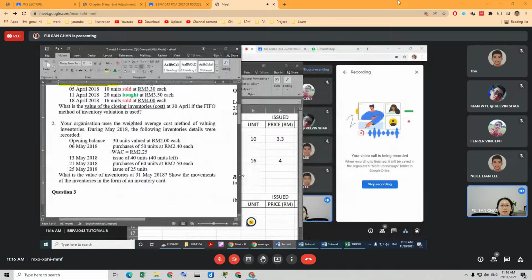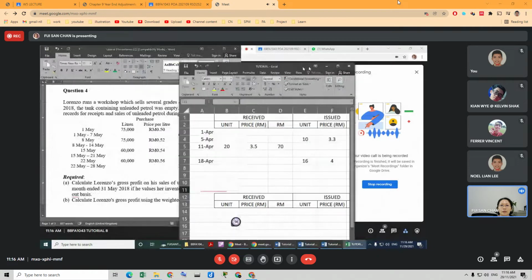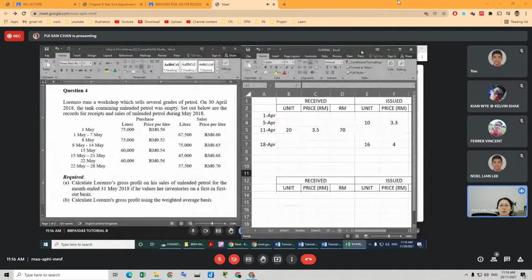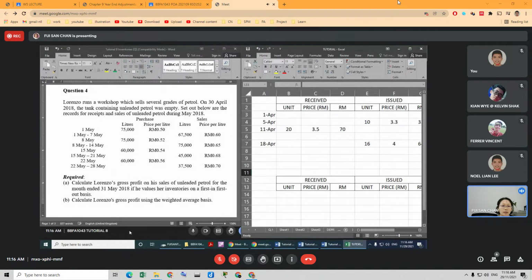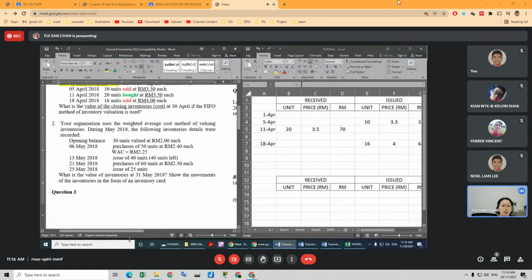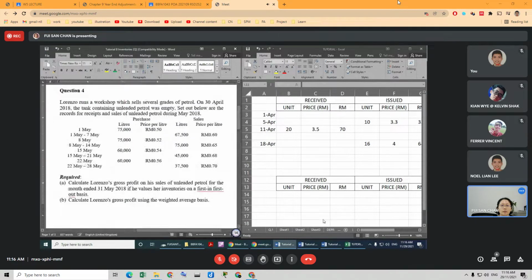None of you actually realized that there's an opening value. So if you did not put in the opening, then at the end your closing balance will not be correct. Right? Okay. Now, I am going to use a table like this. This one I have to make a bit smaller.